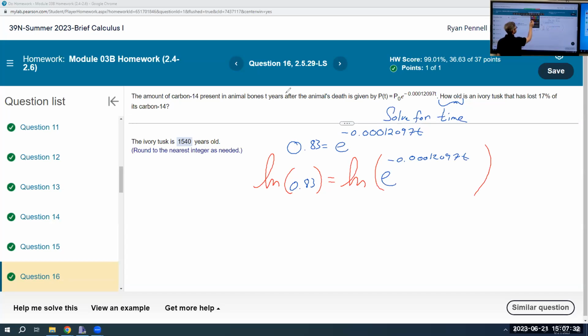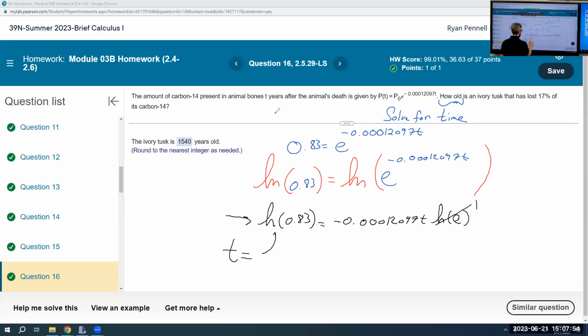What does that mean? 0.83, negative 2.209. Natural log of e is 1. So T equals the natural log of 0.83 per 0.9, 7. Yes, right?